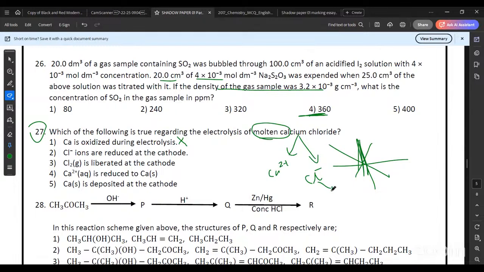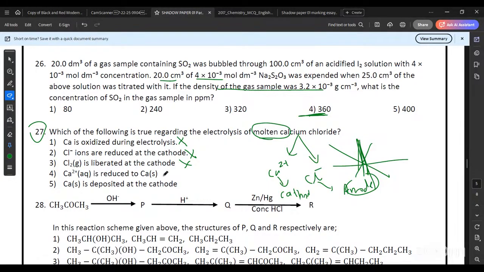So oxidation occurs at the anode. Calcium reduces at the cathode. Cl- are reduced? No, wrong. Cl2 gas is liberated at the cathode? No, Cl2 gas is liberated at the anode. Wrong. Ca2+ aqueous is reduced to calcium solid.